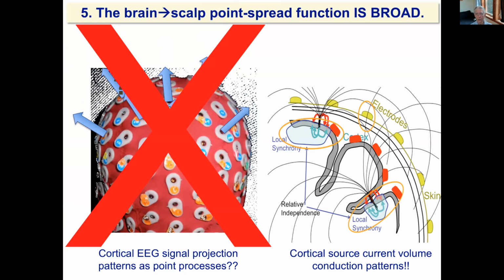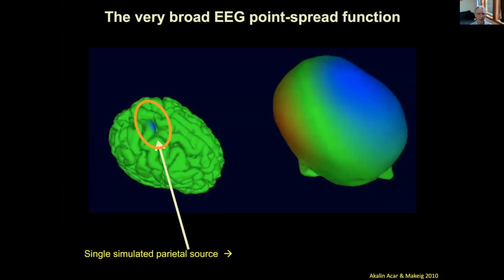The basic truth, according to biophysics, is shown in cartoon on the right, and so I asked my colleague Zeynep Akel-Nichar to take one of her electrical head models based on an MR image of an actual subject and synthesize a small patch of cortex synchronously producing, in this case, a blue negative potential surface on its surface.